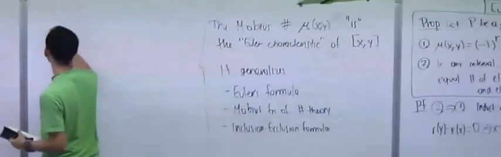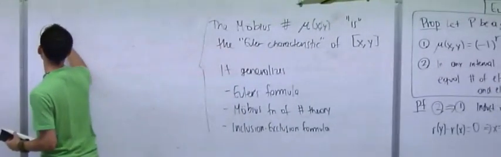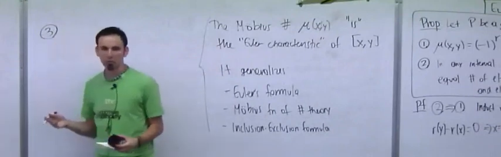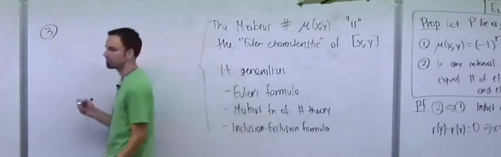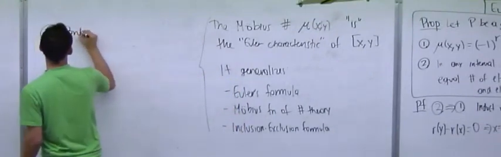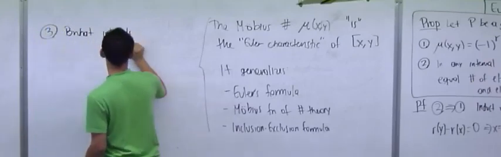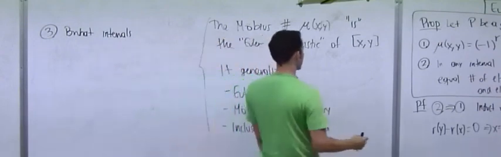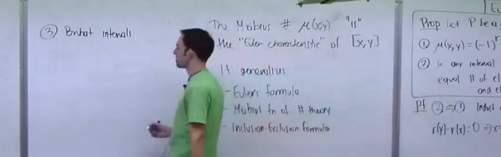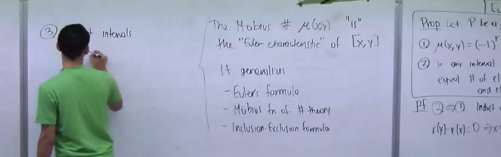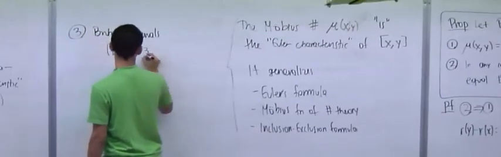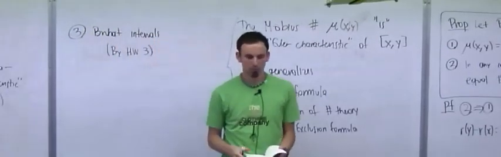And now we have a third example, which is Bruhat intervals, any interval in a Bruhat order. And the reason we have that is that in the homework you're going to prove this property.